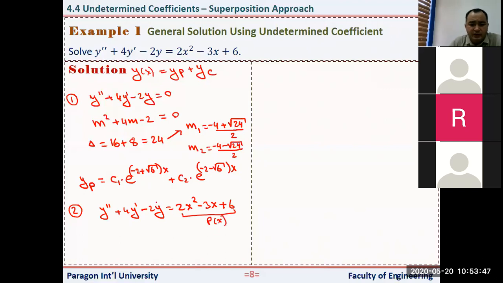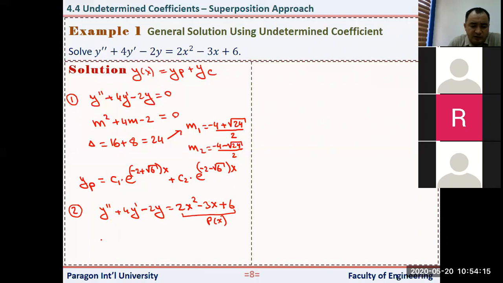Okay. So now we need to make an educated guess. What function should this y be, so that if I differentiate twice, differentiate once and multiply by 4, and multiply the function by negative 2 and evaluate this, it produces a quadratic function? We know that it does not involve any sine of x or cosine of x, right?